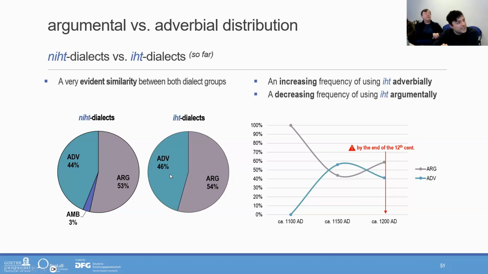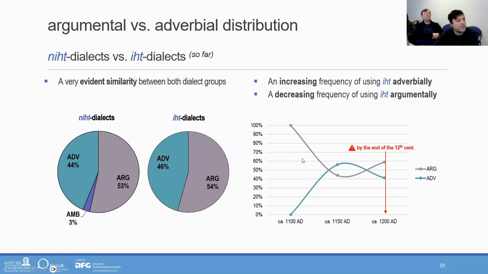We can see that it's very similar, like 54% argumental use and 53. The only difference in this part is that in nicht dialects, you have some ambiguous cases, whereas in ich dialects, there are no ambiguous cases at all. So it's always clear whether it's used as an argument or as an adverb.